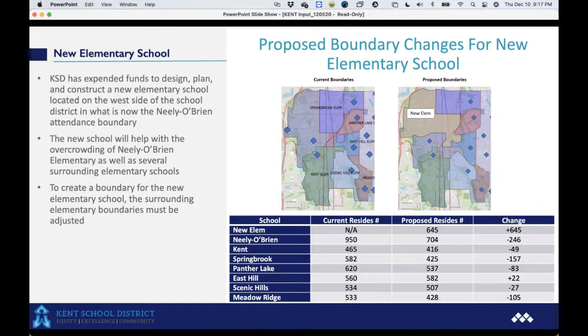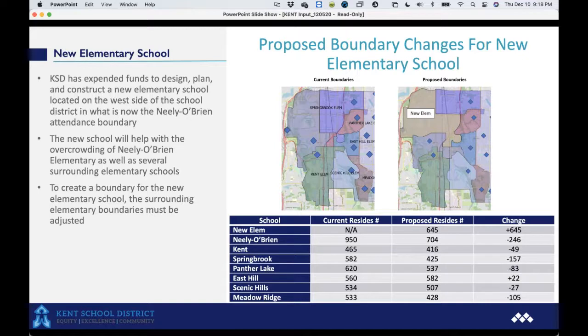If you look at the table on the bottom, it shows what the current resides numbers are, what the proposed resides numbers are, and then the change. And I want to take a second to point out the difference between a resides and enrollment. Inside of the boundary, there are students whose addresses are in that boundary.